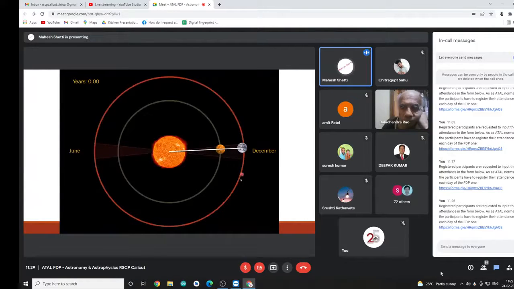Why does it shift like that? It can be seen over here that Venus is here, Earth is here, and this is the transit location. After a certain duration, Venus would have moved by a larger angle and Earth by a smaller angle.